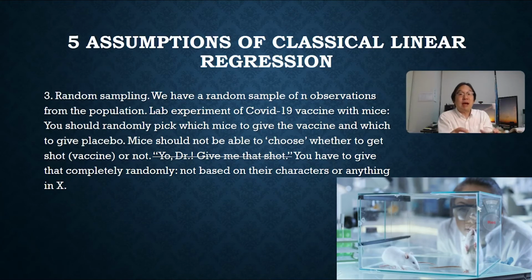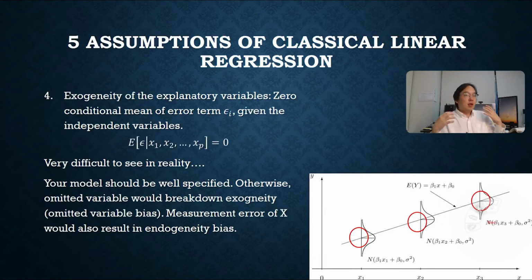The mice chose themselves. That's bad. It has to be exogenous. You, the experimenter, have to be randomly picking. Some guys are treated, some guys are not treated. Randomly it has to be picked. This endogeneity, selection bias, is one kind of endogeneity bias.